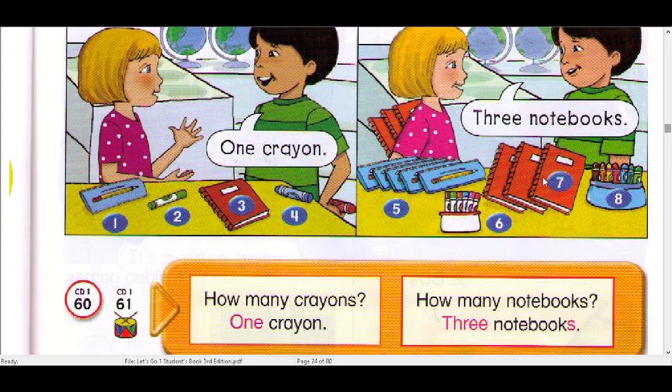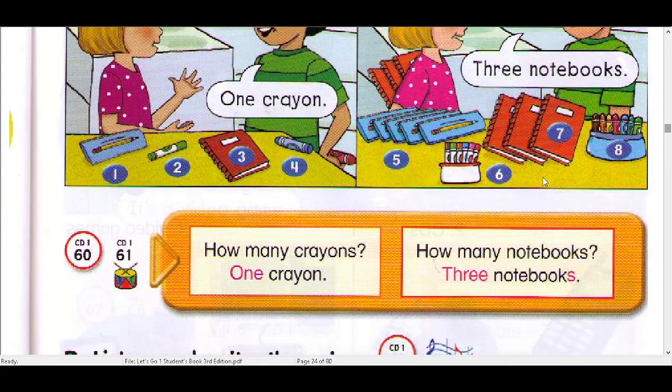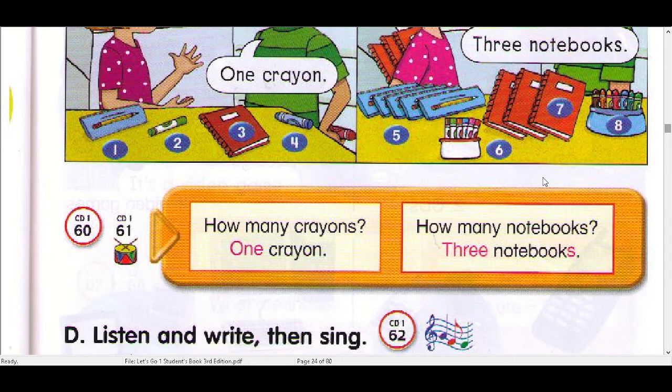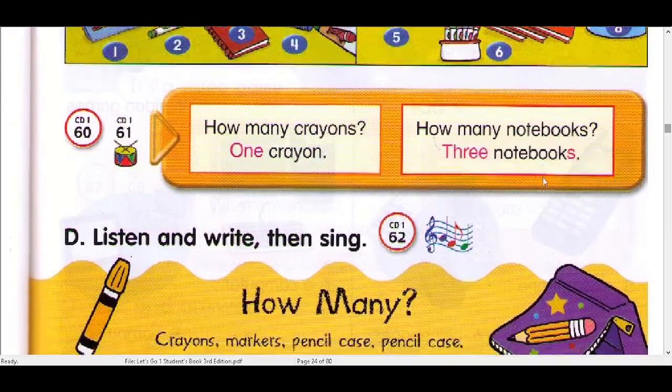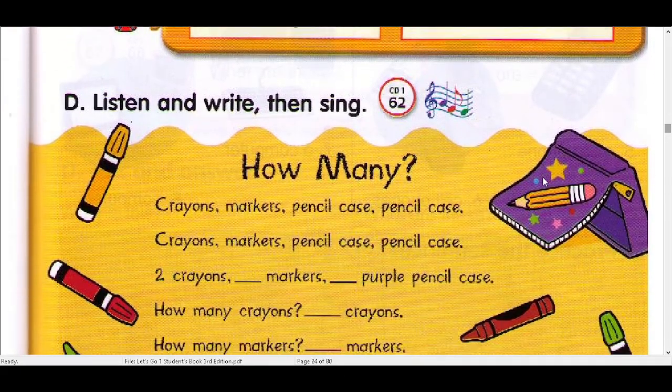Track 60. How many crayons? 1 crayon. How many notebooks? 3 notebooks. How many crayons? 1 crayon. How many markers? 6 markers. How many pencil cases? 5 pencil cases.